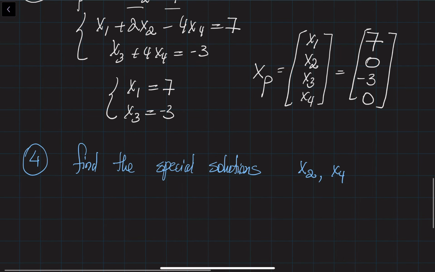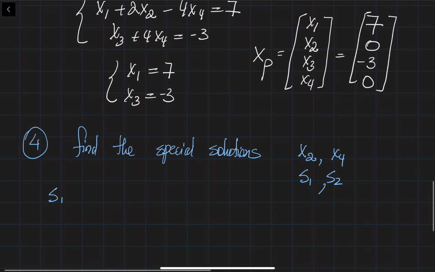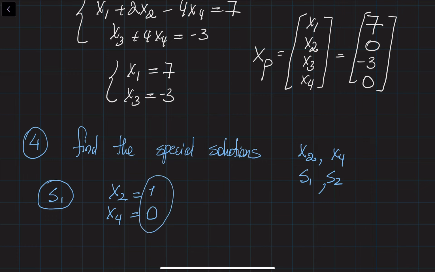And the number of special solutions, s1 and s2, is the same as the number of free variables. We first of all are going to find s1, the first special solution. In order to do this, we set x2 and x4 to be equal to 1 and 0, the first column of the identity matrix, which is 2 by 2.